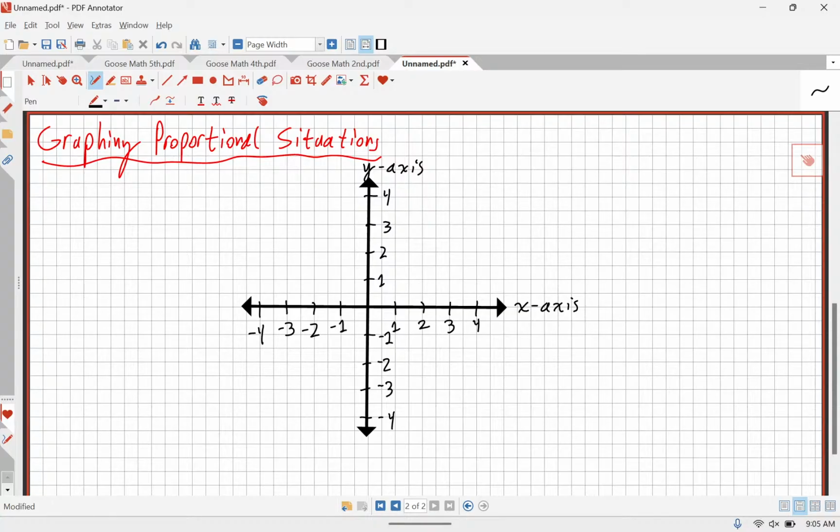This is split up into 4 quadrants. This is quadrant 1 on the upper right. This is quadrant 2 on the upper left. Quadrant 3 on the lower left. And quadrant 4 on the lower right. How many of you have always been seriously annoyed by the way that those quadrants are counted off?